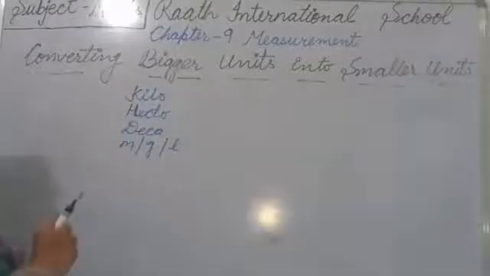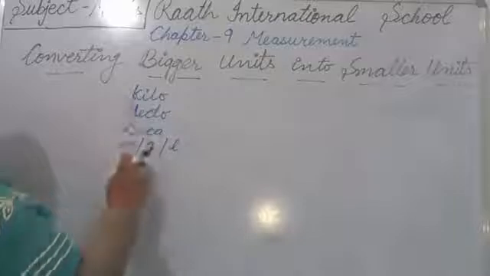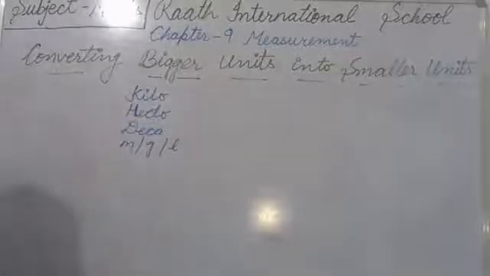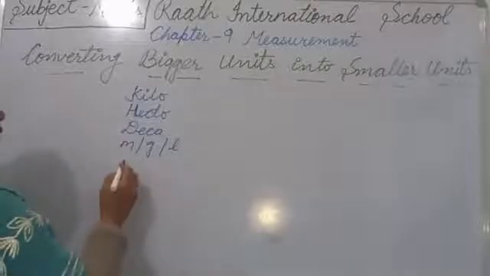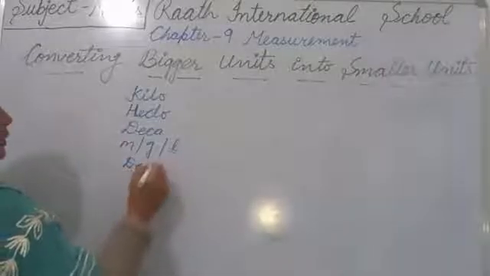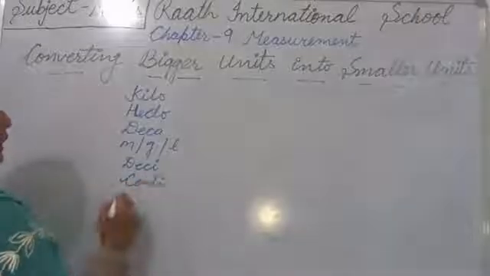Whatever the standard is: if we are talking about length, meter; about weight, gram; about capacity, then there will be liter. Then we have deci, centi, and in the last, milli.